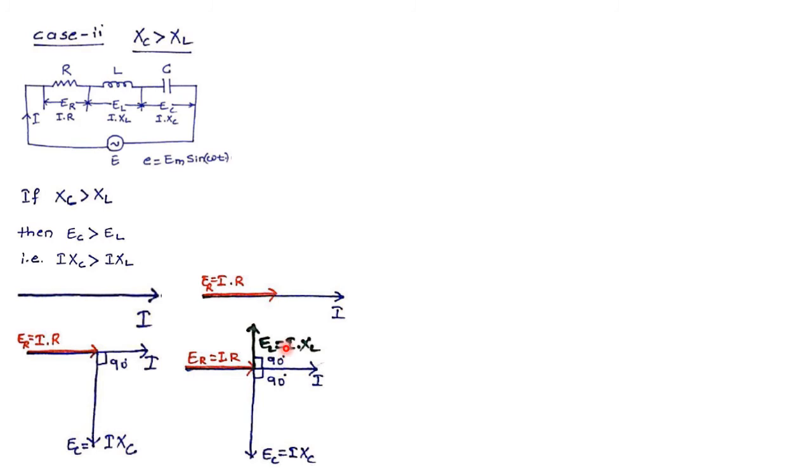So EL is leading the current by an angle 90 degrees, or current is lagging behind the EL by an angle 90, and current is leading EC by an angle 90. Again, we observe here EL and EC come exactly opposite to each other, and observing the length of vectors, we see here that EC is greater than EL because XC is greater than XL. Therefore, vector EC is longer than vector EL.